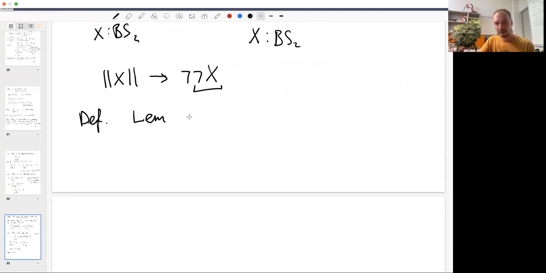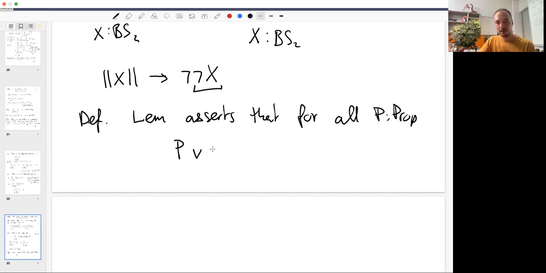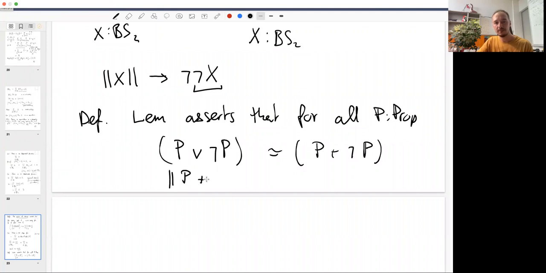LEM asserts that for all P in Prop, we have either P or not P. And it is a little exercise that you can show that this is equivalent to P plus not P. The reason that these are equivalent, if you recall from last lecture, we defined this to be P plus not P, but the propositional truncation of that.